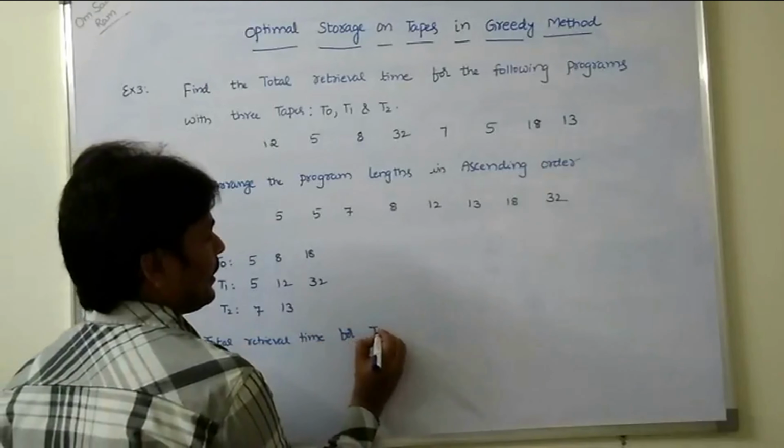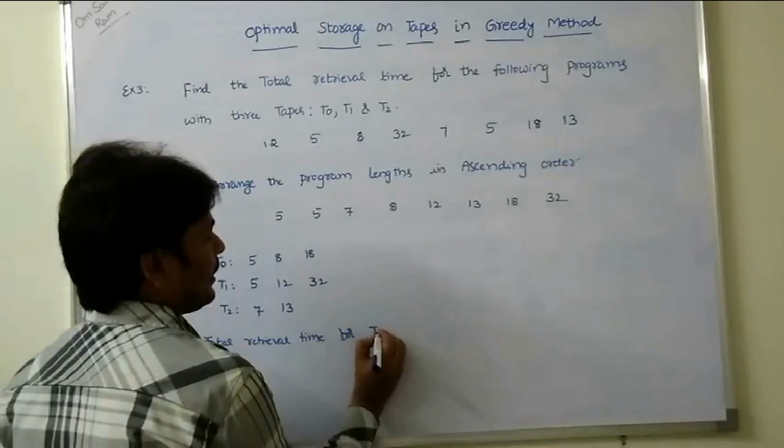Next, total retrieval time for tape T1 is equal to time required for accessing the first program is 5, plus the second program is 5 plus 10. Time required for accessing the third program is equal to 5 plus 12 plus 32.